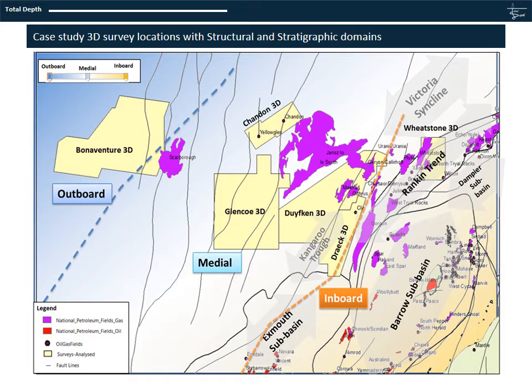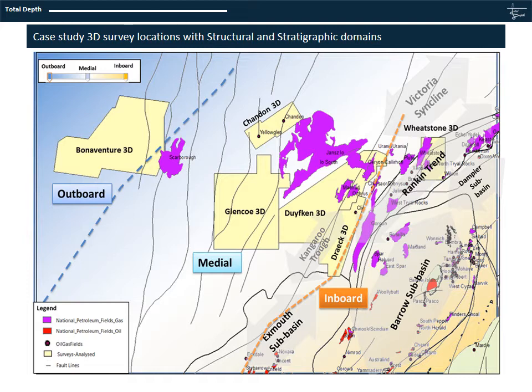Again, we're showing this time on the map our structural elements and stratigraphic domains. We're particularly looking at the facies domains for these delta fronts: inboard, medial, and outboard. These are adapted from some of the papers presented at the Western Australian Basin Symposium in 2013 from Chevron, Addison et al., and from Woodside, Adamson et al., and from Chevron, Payenberg, and another 12 authors.